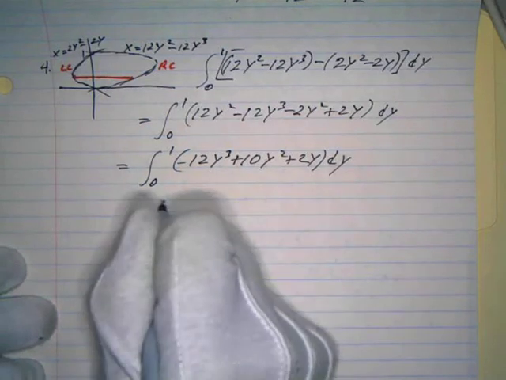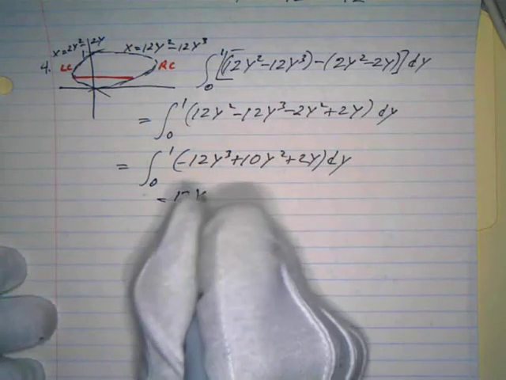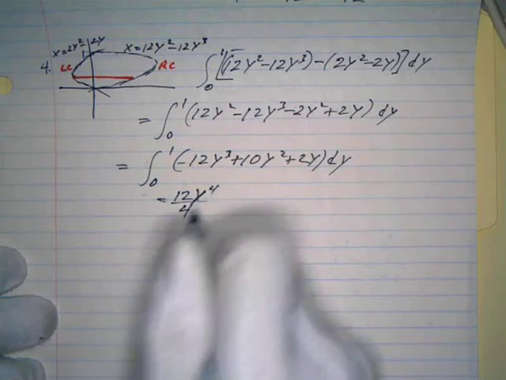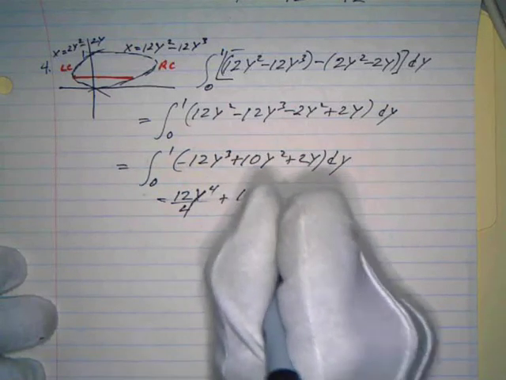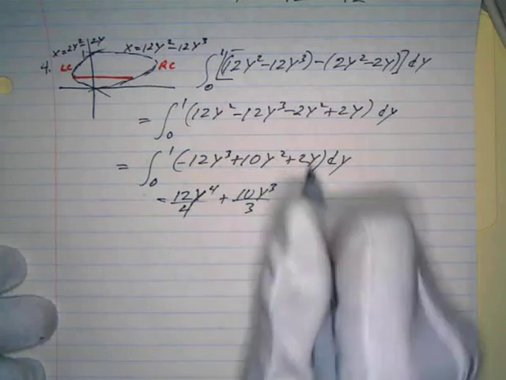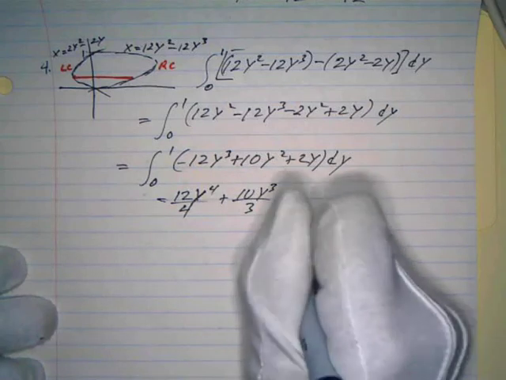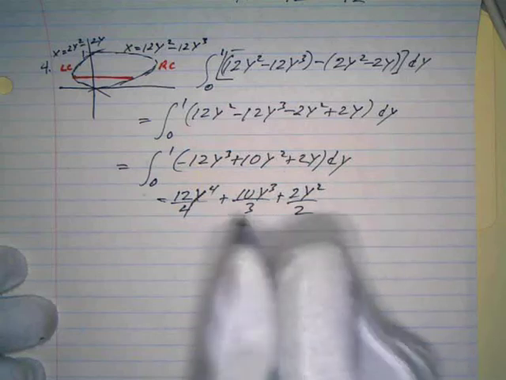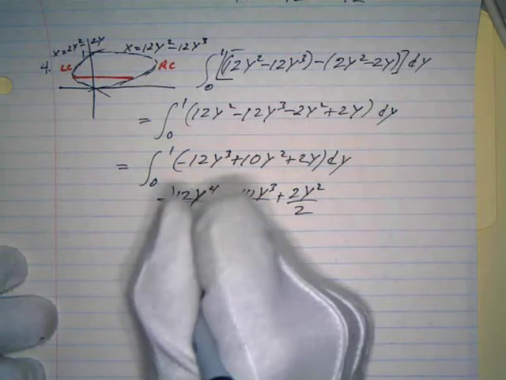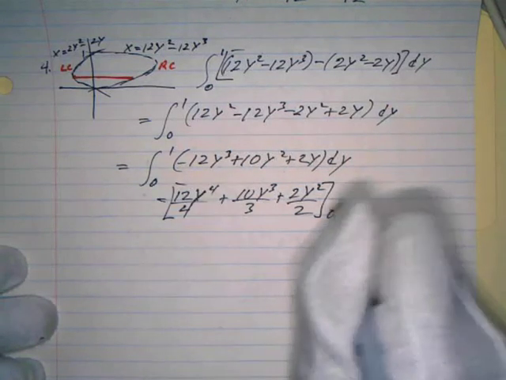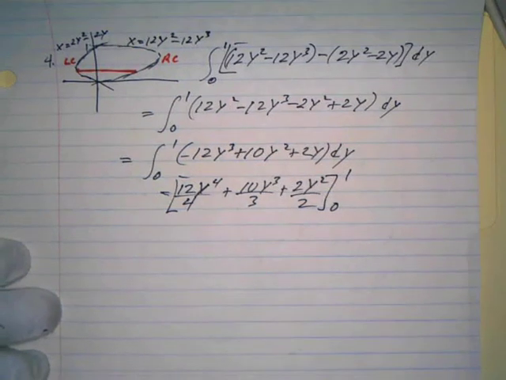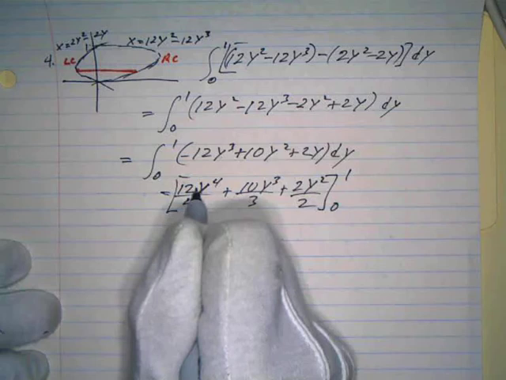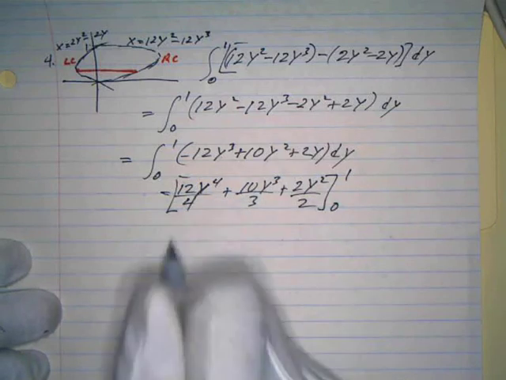So this is going to be negative 12y to the fourth over 4 plus 10y to the third over 3 plus 2y squared over 2. And again, we're just going to evaluate that from 0 to 1. Well, that goes in there 3 times. I guess we can simplify one more time.